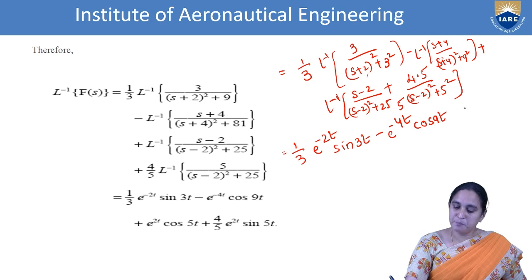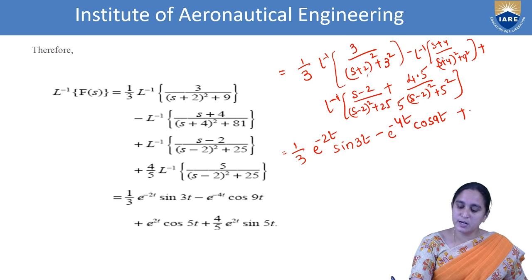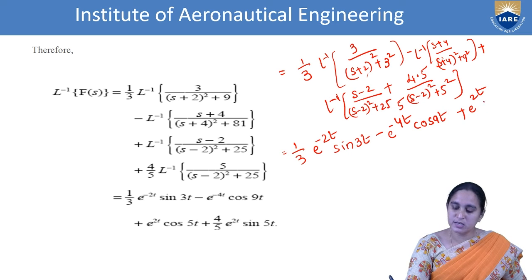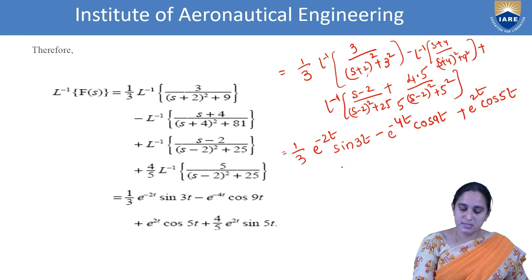Next, plus Laplace inverse of (s minus 2) by (s minus 2) whole square plus 5 square, which is in the form of, again here a is 2, that is e power 2t into s by s square plus a square, that is cos 5t, plus, next, plus 4 into 5.